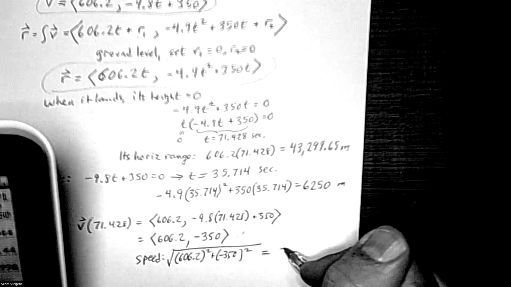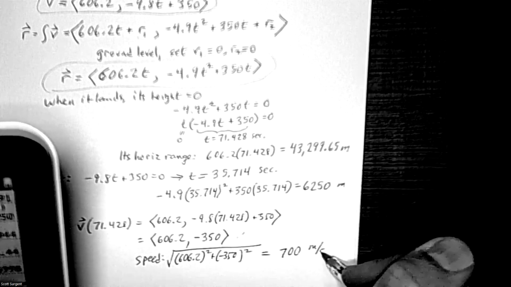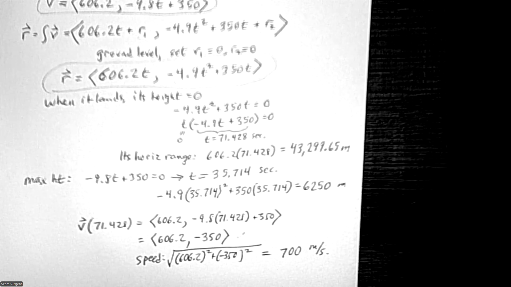I bet you that comes out to 700 meters per second. And that makes sense. Since this is a symmetric situation, you would expect it to come down with the same speed that it went going up. And in these problems, we ignore air friction and spinning of the object, which can actually make it move oddly. So we assume perfect parabolic motion. Pretend this is on the moon.